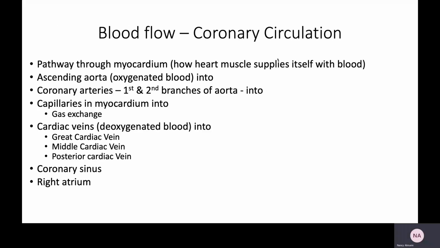So the pathway through the myocardium includes the coronary arteries, which are the first two branches of the aorta, into capillaries within the myocardium for gas exchange, into the cardiac veins, just carrying deoxygenated blood, into the coronary sinus, into the right atrium.